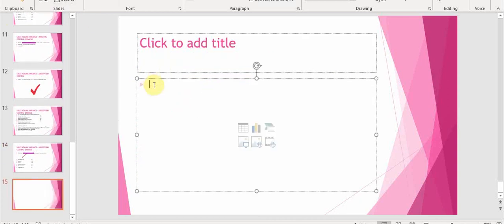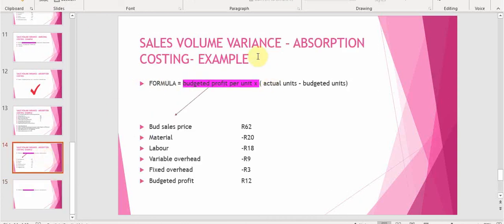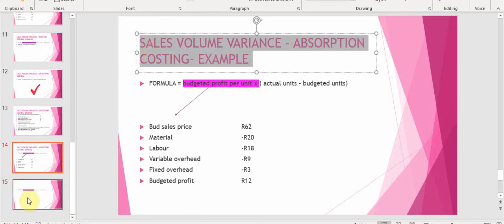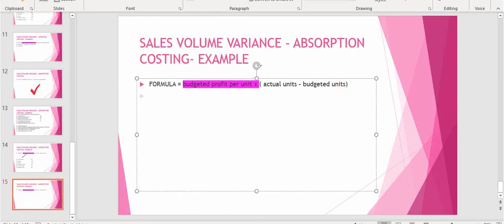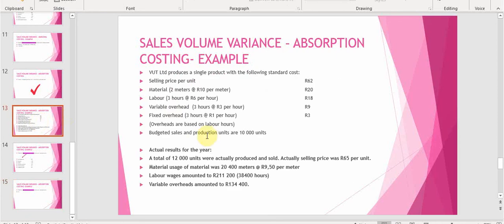New slide, same formula. So now I'm going to say, all right, I know what the budgeted profit is. I just calculated it to be 12 Rand. What were the actual units? Actual units, if I go back to the example, were 12,000. Budgeted units, 10,000.